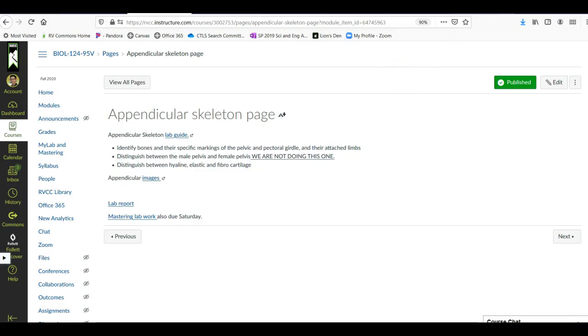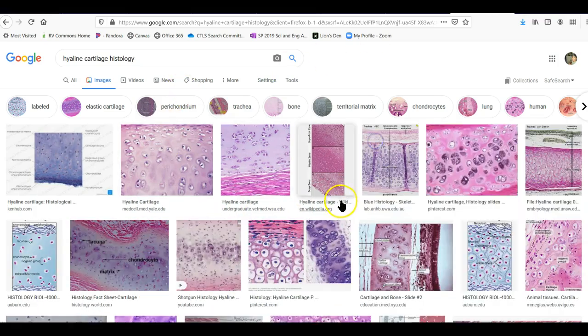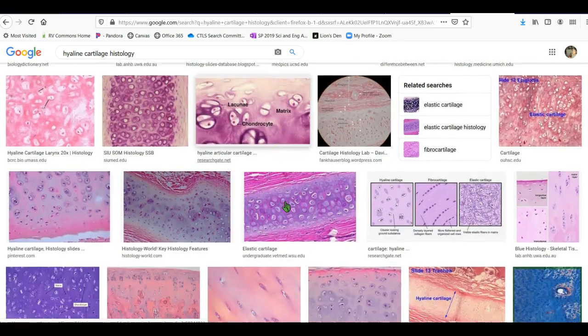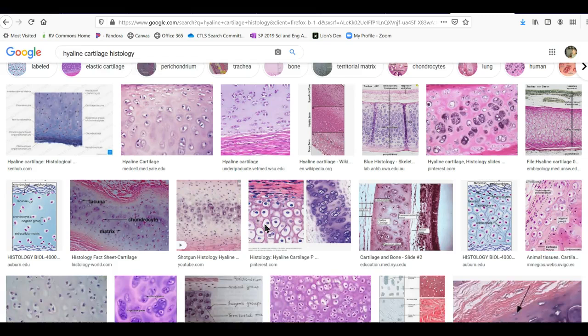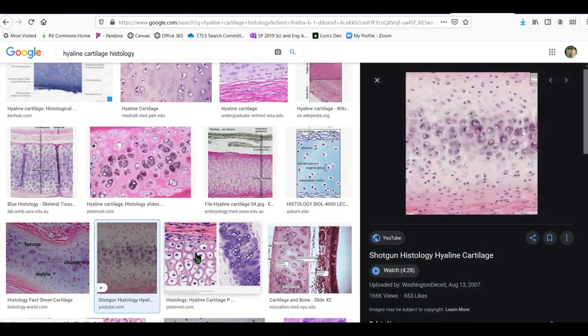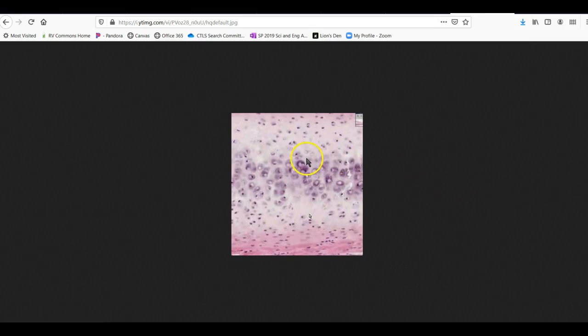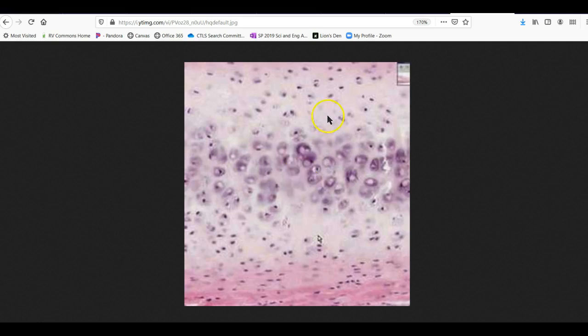I also just thought I would point out, I would like to think I've said this before, but I'm not really sure, one great way to study this is just do a Google image search, and then you get so many different representations of each tissue type. And one of the things that I'll again point out is you want to get used to looking for the nuclei.